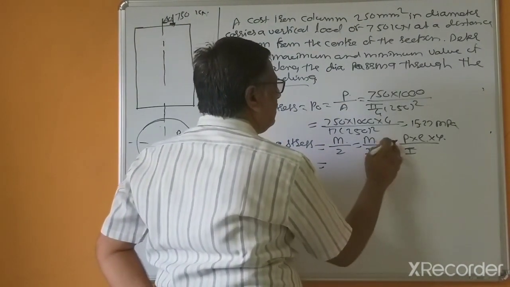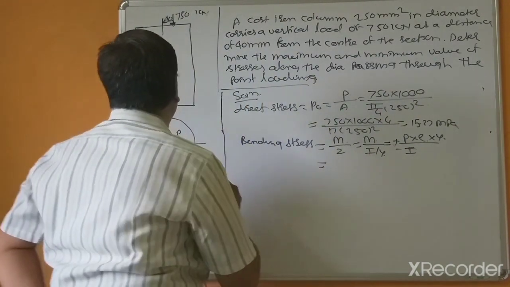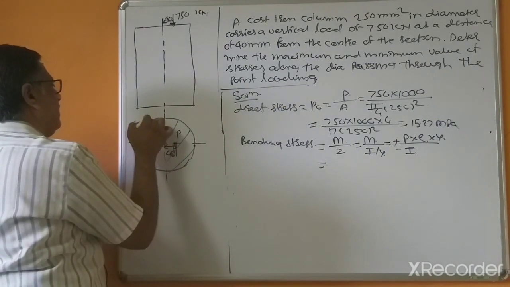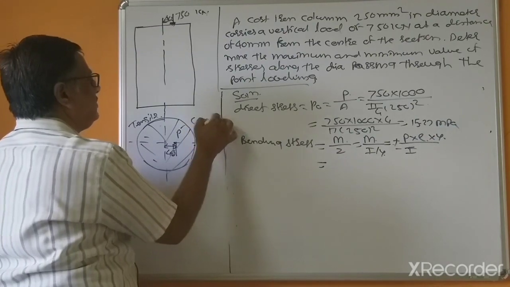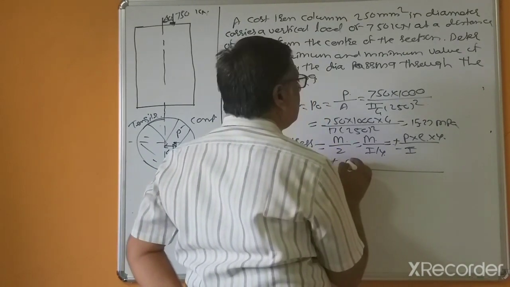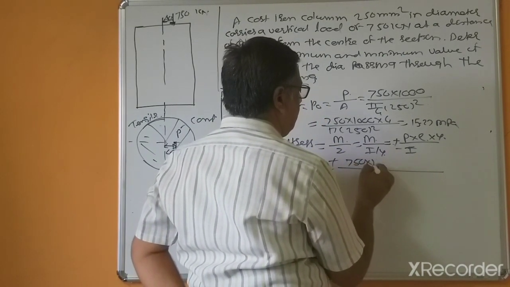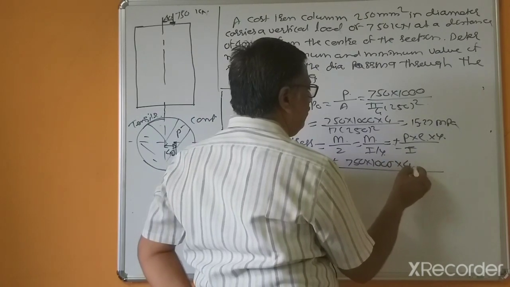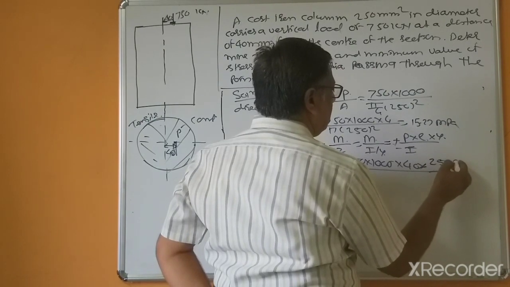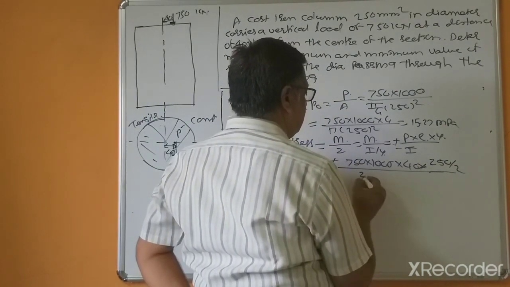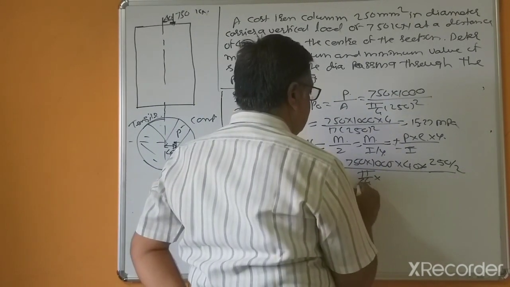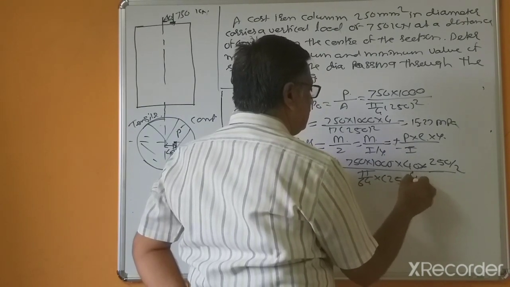So that's why this is plus minus, because in the right hand side compressive and in the left hand side tensile, and this is compressive. P equal to 750 multiplied by 1000, eccentricity 40, y equal to 250 divided by 2, and I equal to pi by 64, 250 raised to 4.